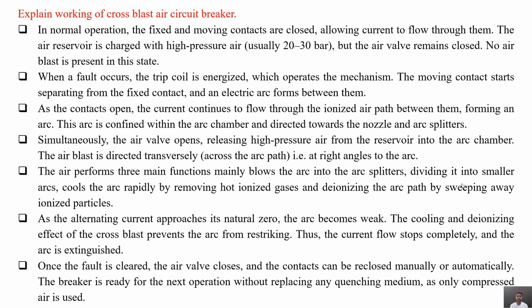Once the fault is cleared, the air valve closes and the contacts can be reclosed manually or automatically. The breaker is ready for the next operation without replacing any quenching medium, as only compressed air is used for the arc extinguishing. So this is the simplest type of working of cross blast air circuit breaker.